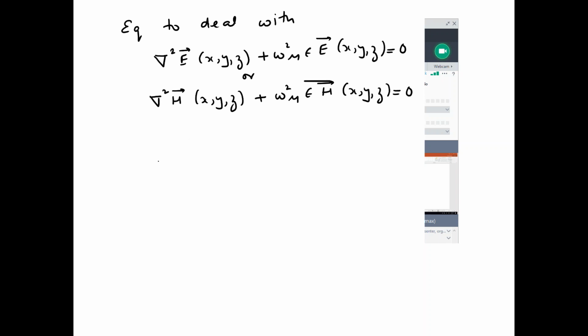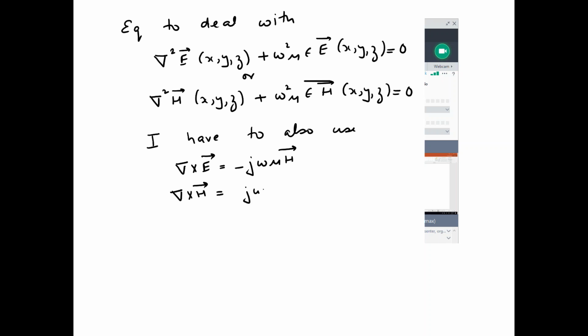So I also have to use del cross E is minus j omega mu H, and del cross H is j omega epsilon E. If I have already found the solution for E, then H will have to be calculated from that solution.